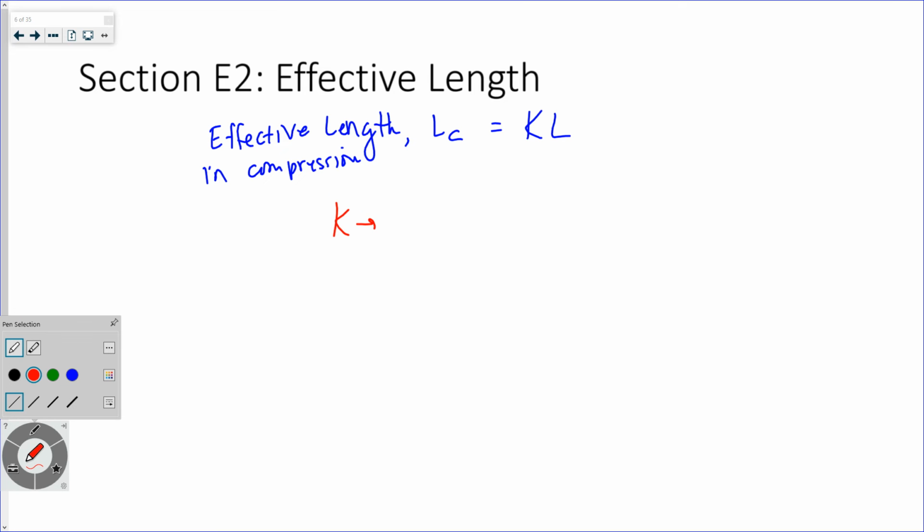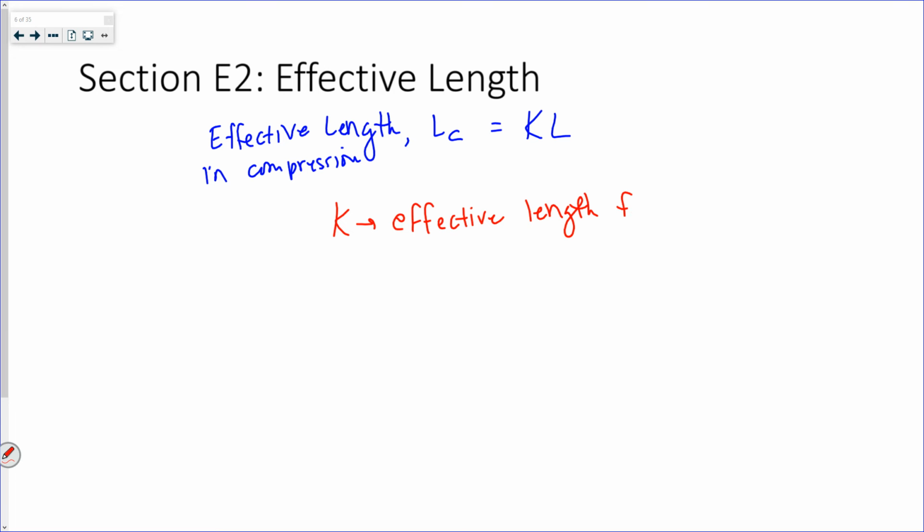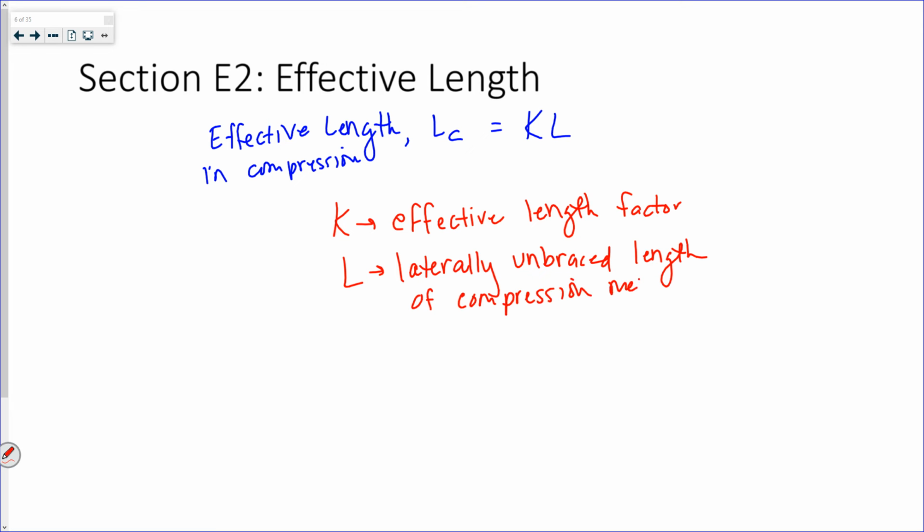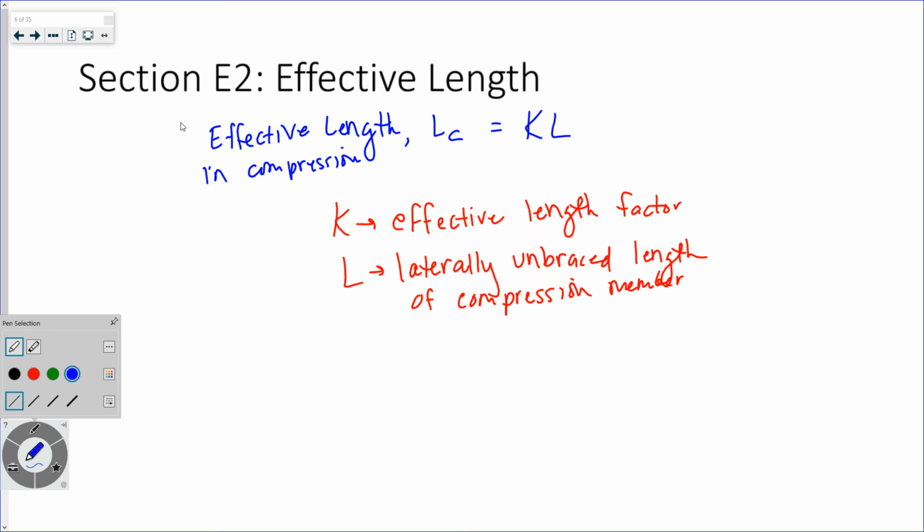K is our effective length factor, and L is our unbraced length of the compression member. K is based on your end conditions.